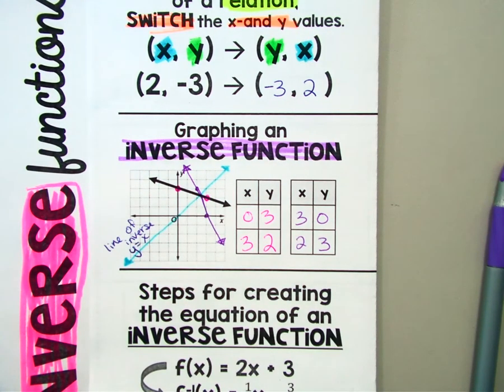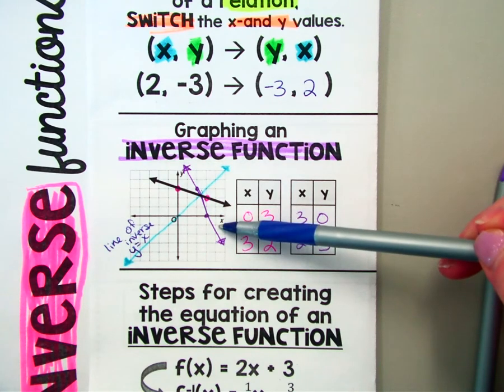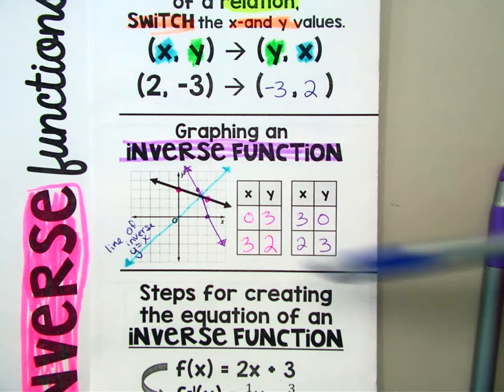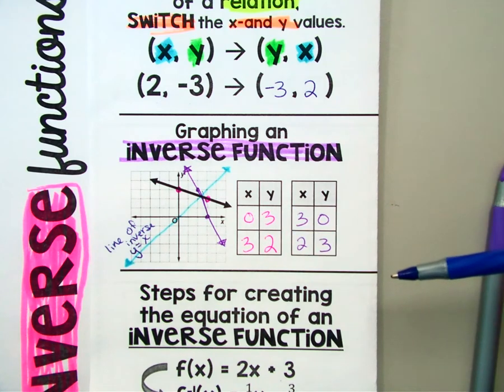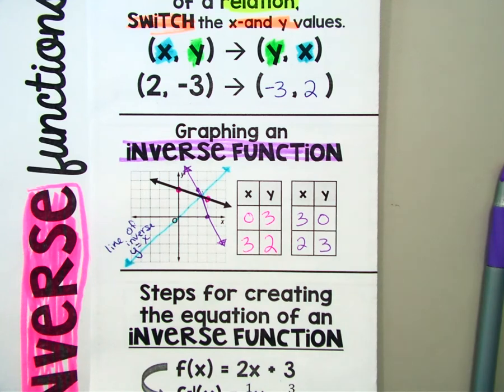So what we're actually doing is taking the original function and reflecting it over that line of inverse to create the inverse function. The easiest way to do that is just flipping your x and your y values. That's how we actually do it. But what is physically happening is we are reflecting our functions over that line of inverse, the line y = x.